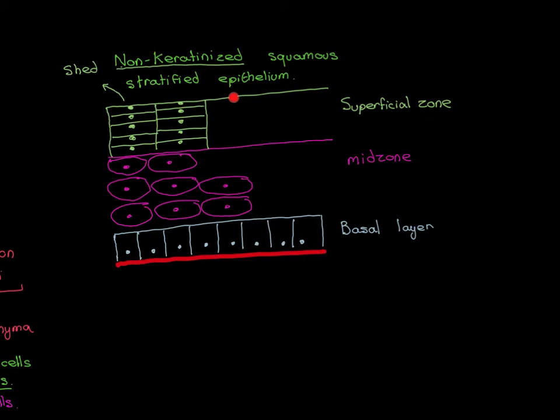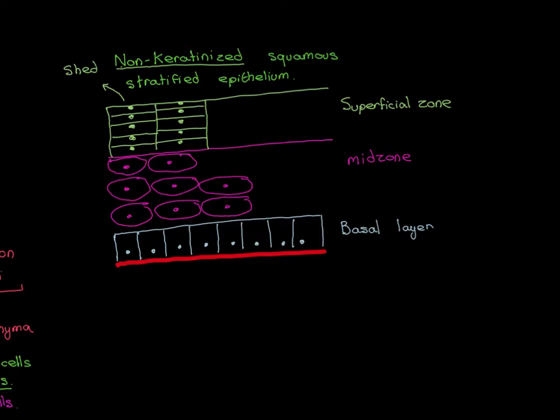So the outermost layer of cells in the epidermis has no nuclei, they're just full of keratin, they're just bags of keratin. And this is extremely strong, and this is important in the skin where we need absolute rigidity. It needs to be very, very strong. So that's why you have keratin overloading in the epidermis of the skin.